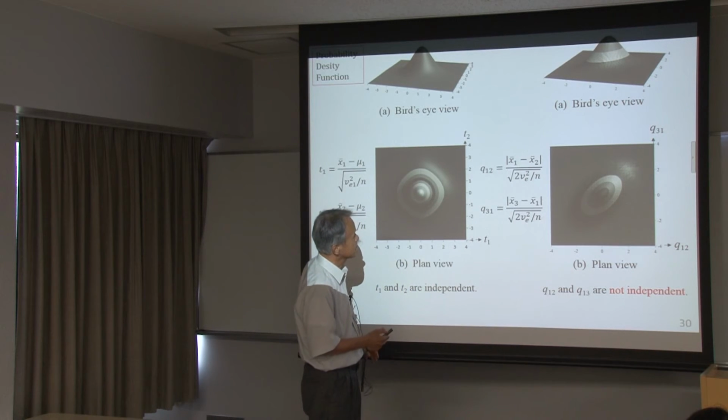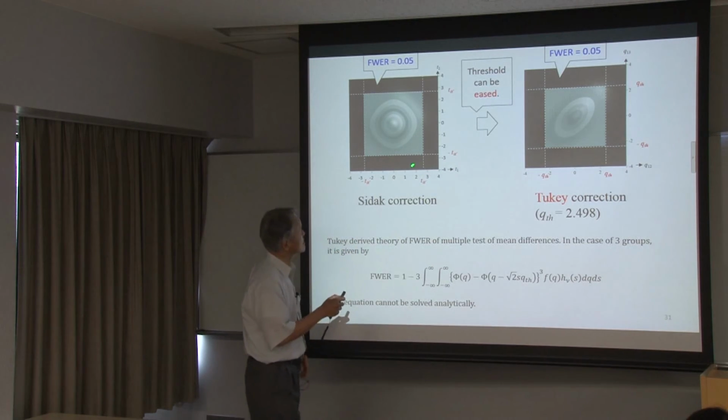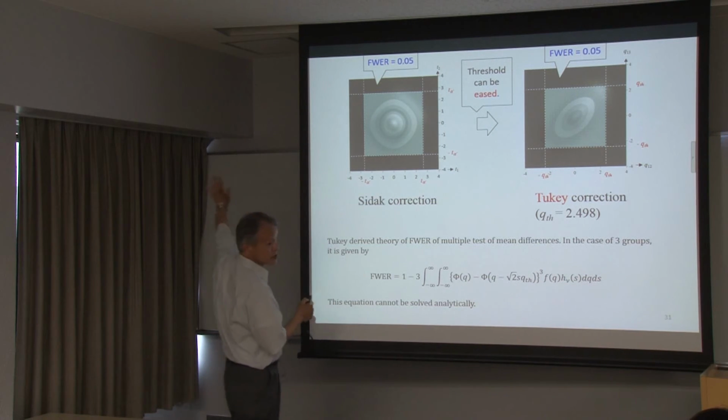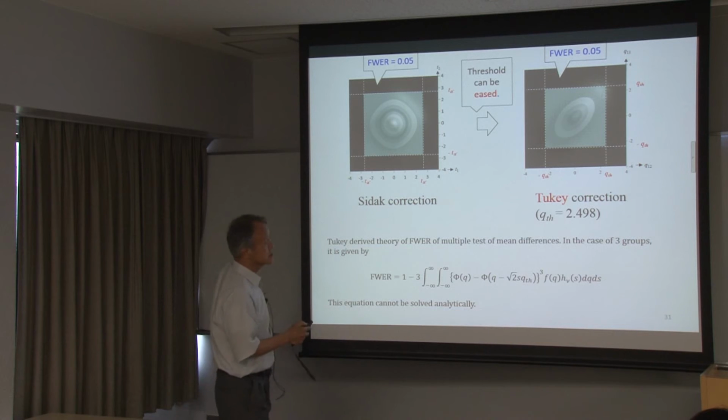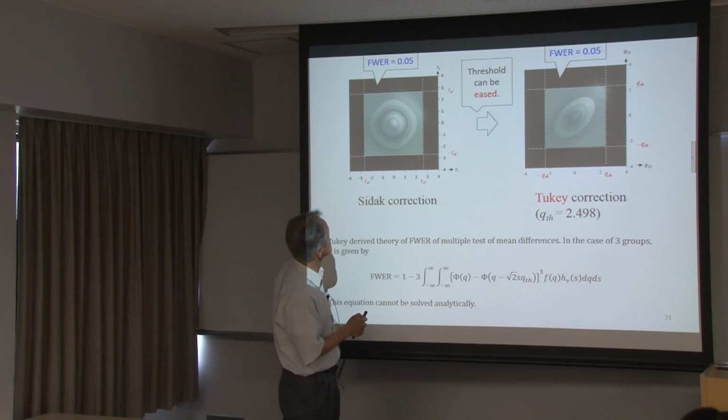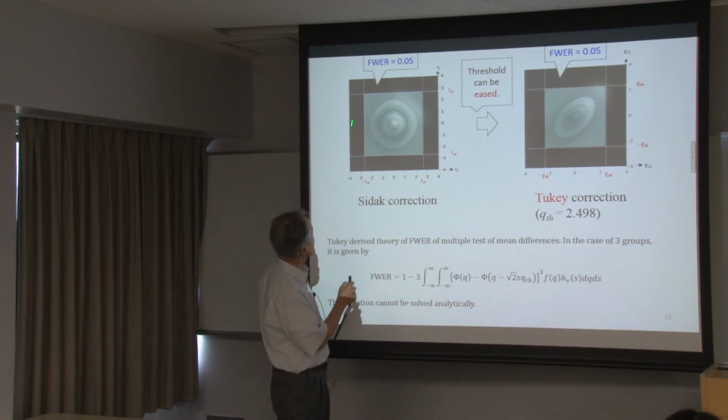Then this area, colored black, the probability in this area is the family-wise error rate. It extends to infinite space. So this black area is equal to the FWER.